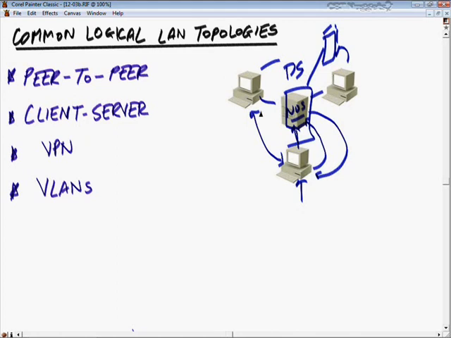Email servers are very popular servers. You've got emails stored up on a server, and you use some client like maybe POP3 to download your email messages to your workstation. So peer-to-peer and client-server are extremely popular LAN topology types. These are really more LAN architectures than they are really topologies.